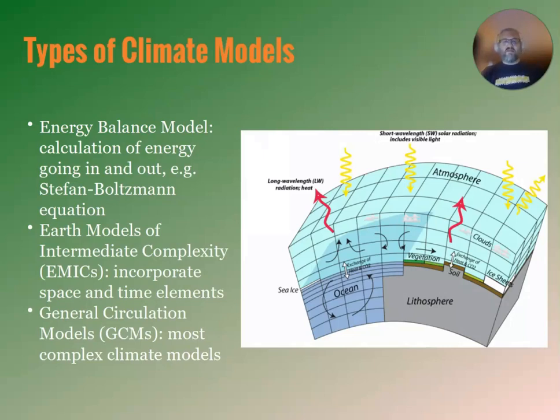So if you remember the Stefan-Boltzmann equation, right, where we could connect the amount of incoming solar radiation to the albedo and temperature of the Earth, that was an extremely simple energy balance model. It's probably the simplest possible energy balance model that we could put together for the Earth, just that one little equation. But then we can start adding factors to that.